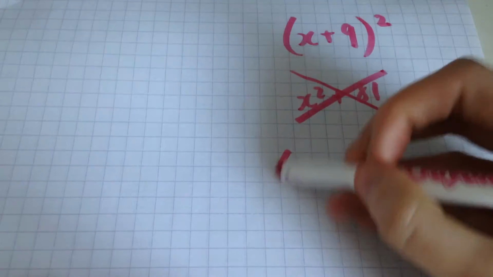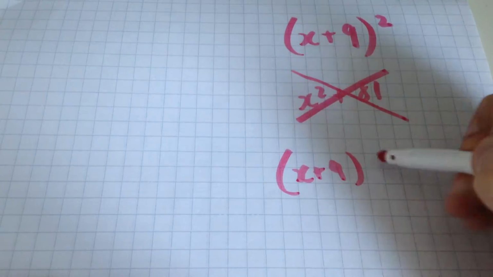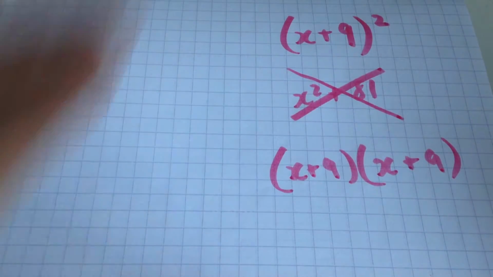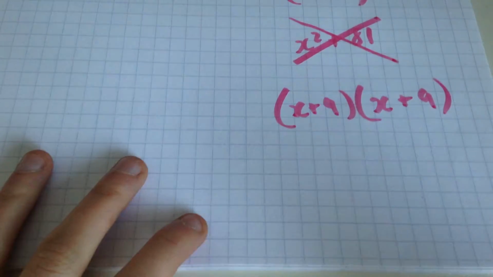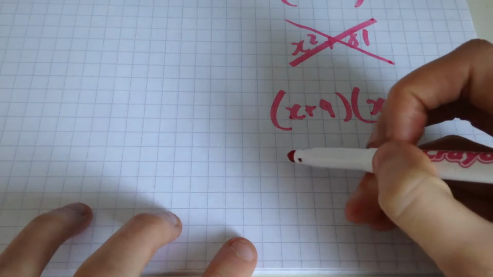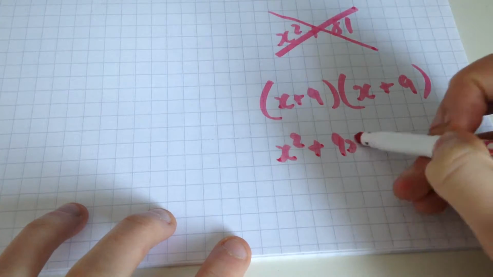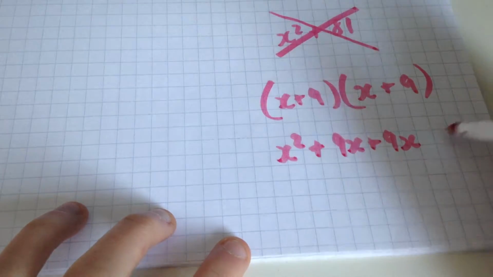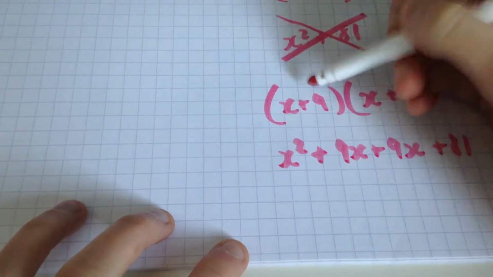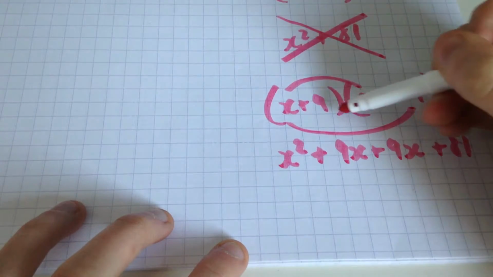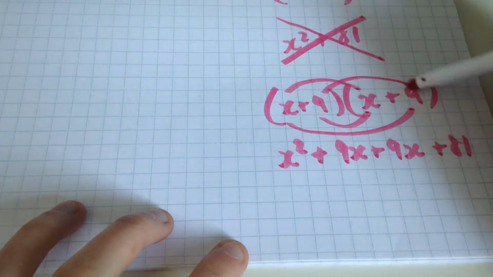That basically means x plus 9 times x plus 9, right? So I always write it out just to remind myself that it is 2 brackets. So then we just do it normally, x squared plus 9x plus 9x plus 81. I've got that from x and x first, out, inner, and last.